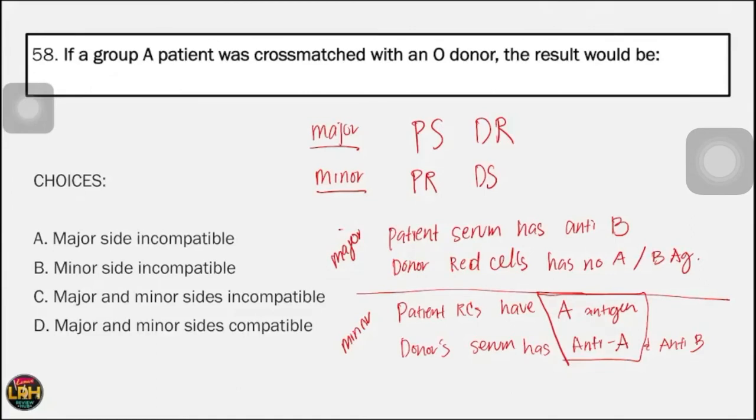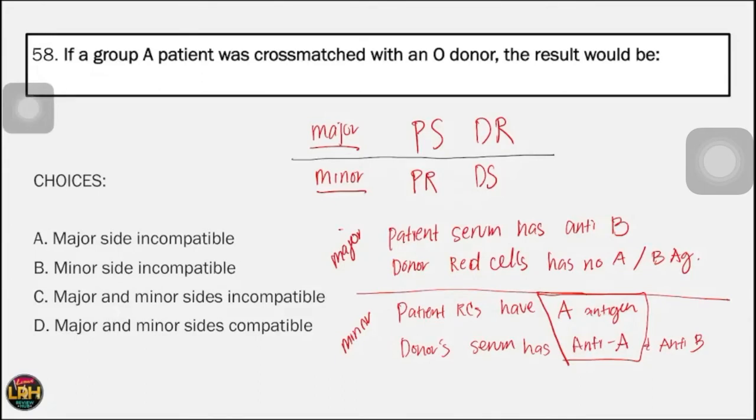So, our cross-matching can be major or minor cross-match. Major cross-match involves the testing of the patient's serum and donor's red cells. We indicate this as your PSDR. For minor cross-match, this is indicated as your PRDS, which tests the patient's red cells against the donor serum.